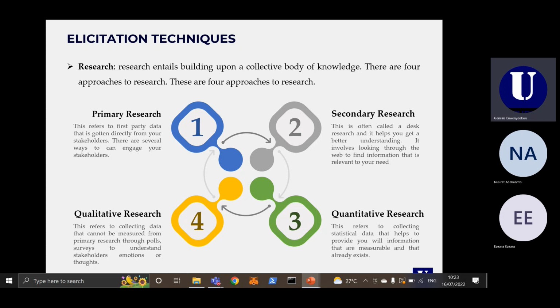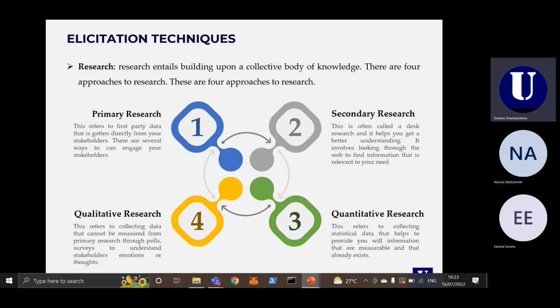In this research, you are basically trying to get data, statistical data, that you can use to get an understanding of how well something is performing or how well it's going to perform, right? So that is what secondary research talks about.